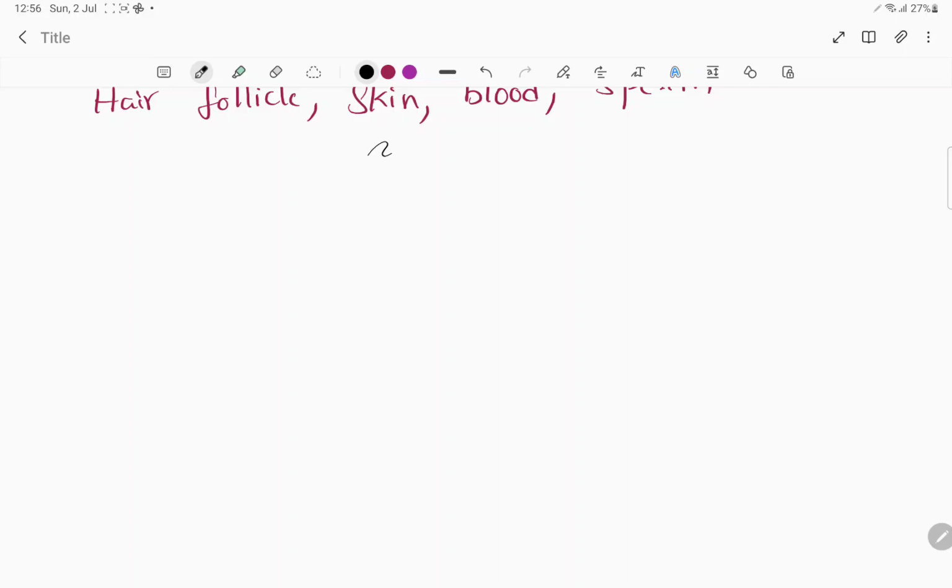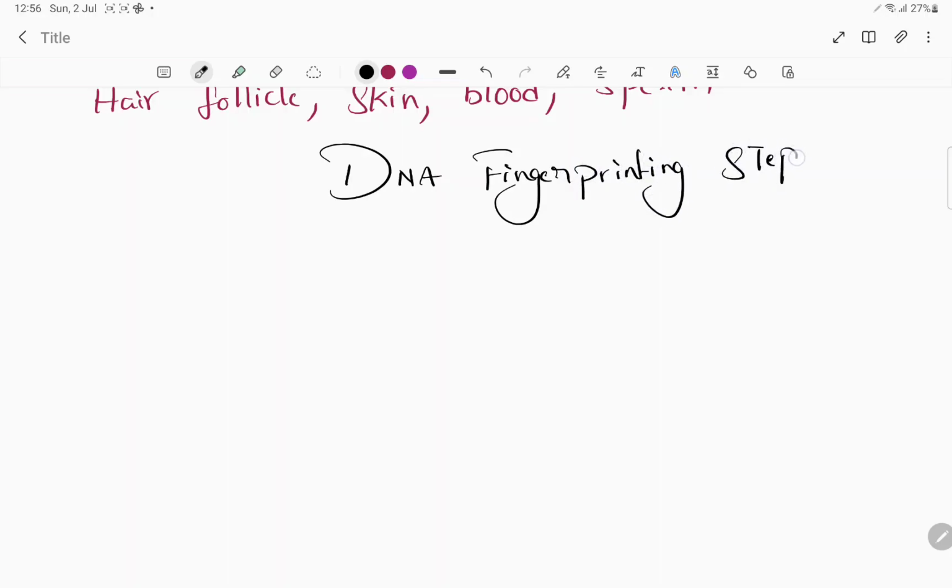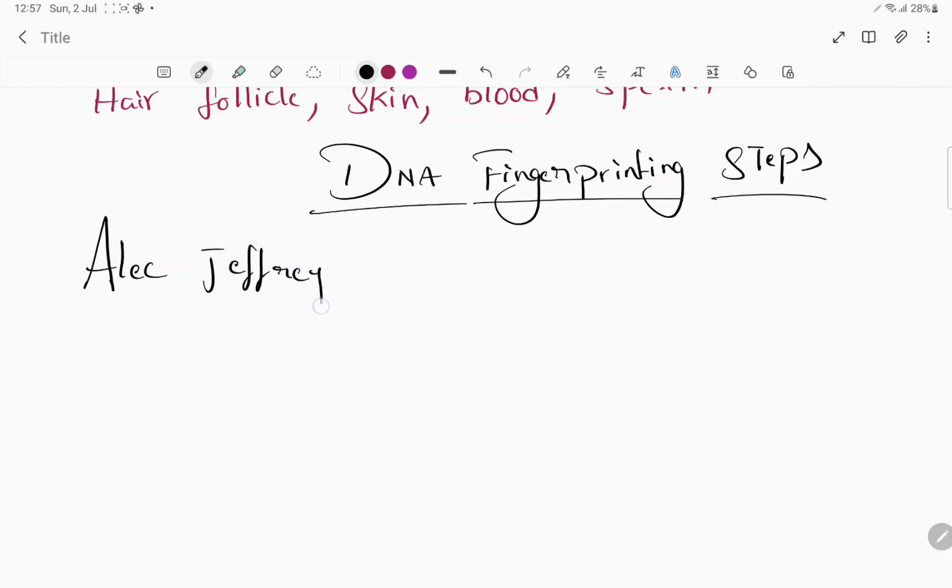So let's see the DNA fingerprinting steps. What happens in DNA fingerprinting? This was developed by Alec Jeffreys. Alec Jeffreys developed this technique using satellite DNA.